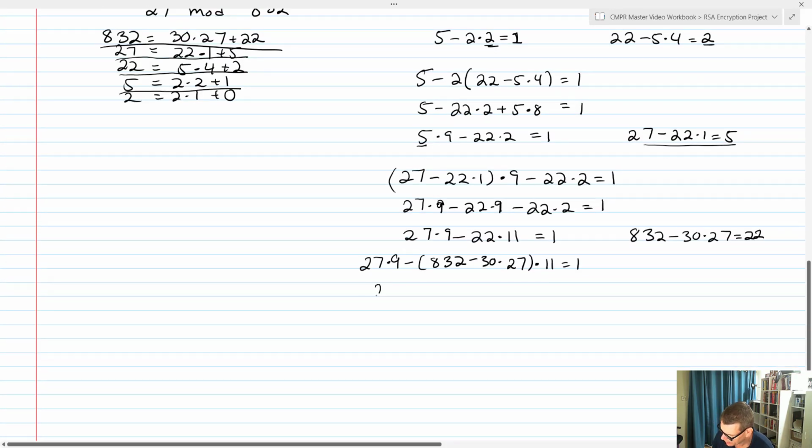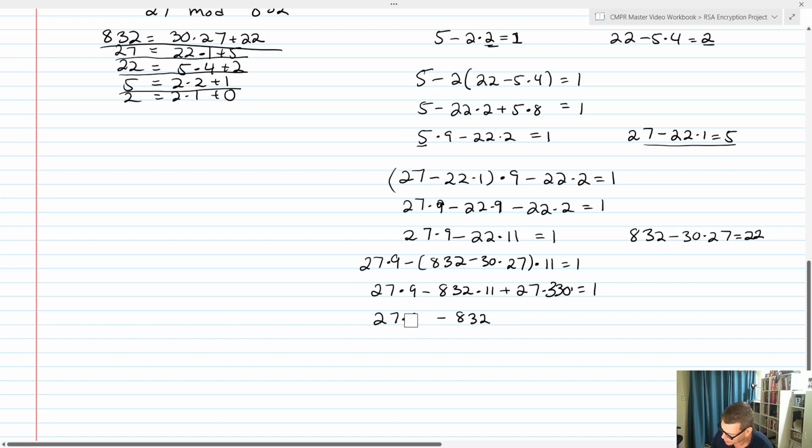So that gives me now then 27 times 9 minus 832 times 11 plus 27 times 30 equals 1. So that gives me now then 27 times 39 minus 832. This is not 27 times 30, it's 27 times 330.